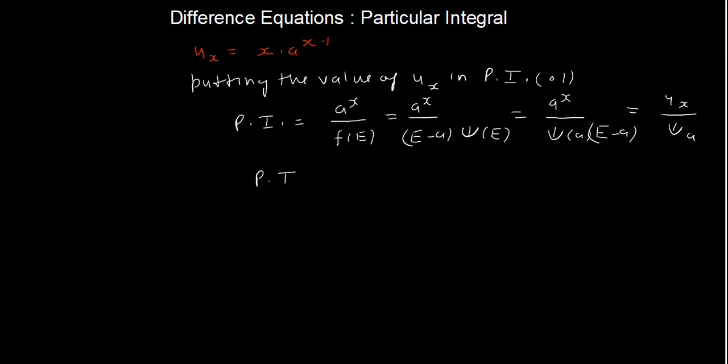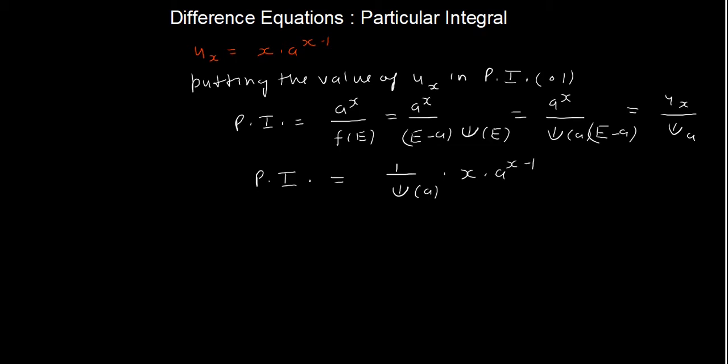Then the particular integral becomes 1 upon phi(a) into x into a to the power x minus 1.